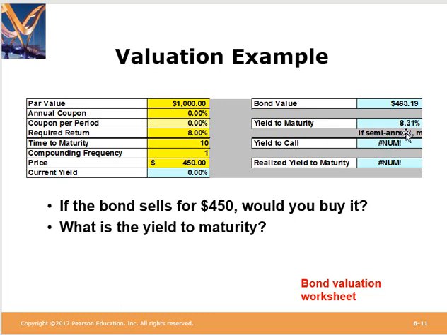So this is an attractive bond. You're going to earn more than what the bond is selling at. In addition, the value is $463. Would you pay $450 to buy a bond that was worth $463? Of course, the answer is yes, you would. So this is an example of a bond that is worth purchasing.